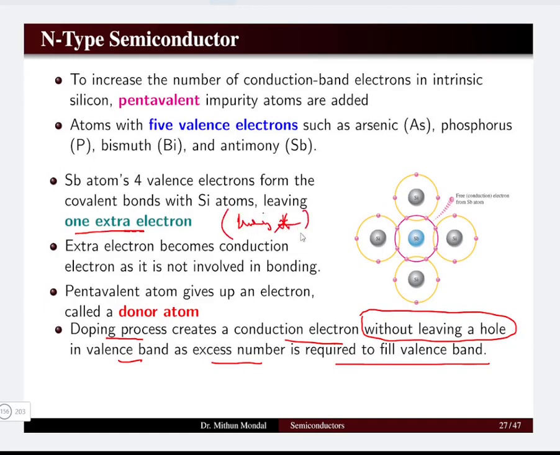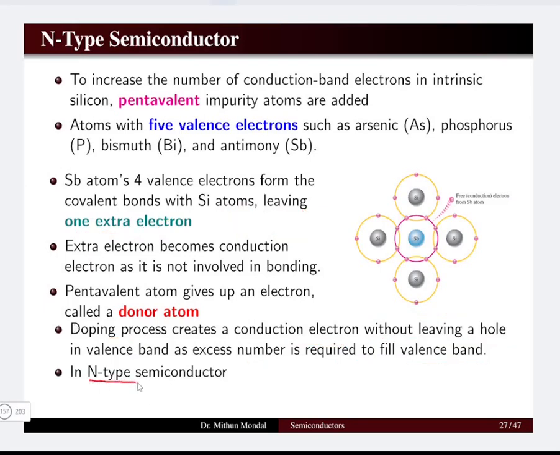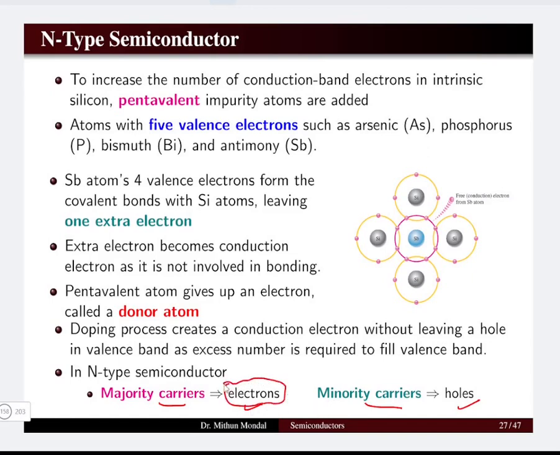So there is no formation of any holes, because this extra electron is involved in the conduction process, and there will not be any extra hole in the valence band. So in the N-type semiconductor, we can say that the majority carriers are the electrons and the minority carriers are the holes. Since electrons are the majority carriers, we have given the name N-type, because N here indicates negative. We know that electrons are negative charge particles.